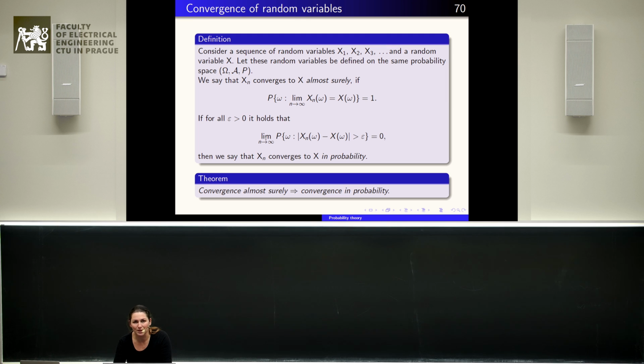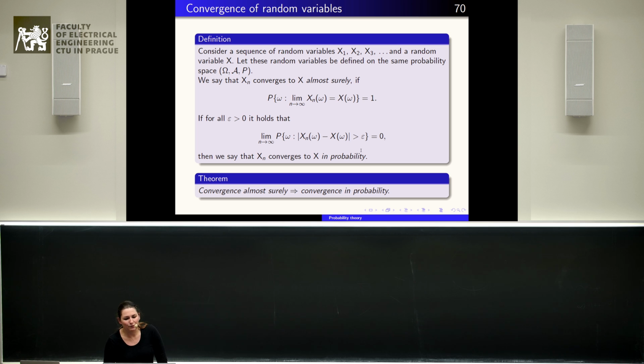It means that the limit of the probability that the image goes closer and closer to the image of some random variable is equal to 1, so the probability that the difference is larger than some given epsilon is equal to 0.